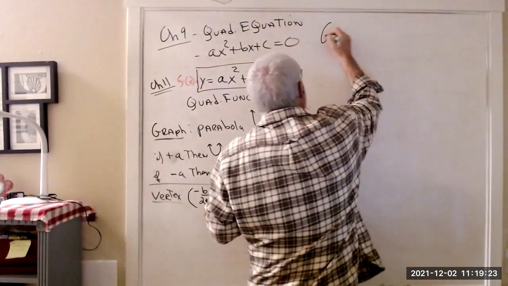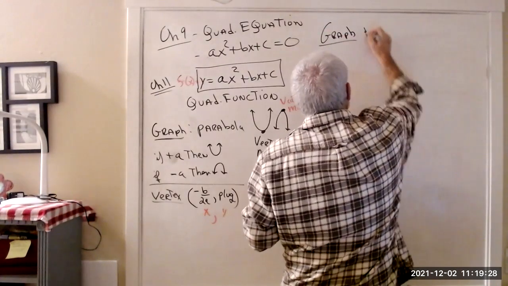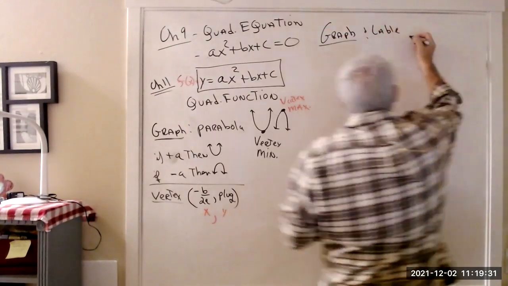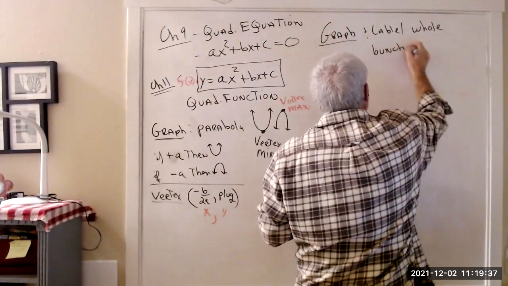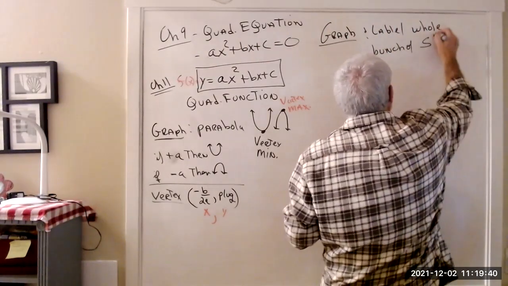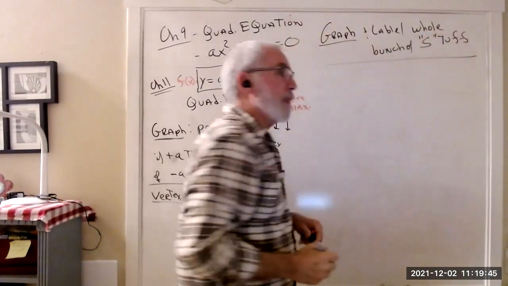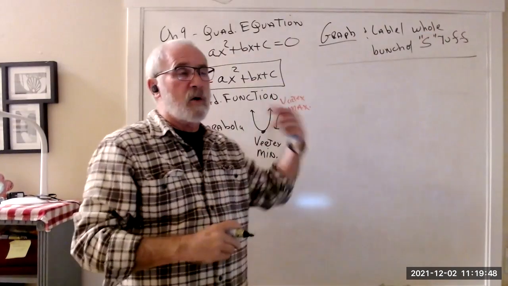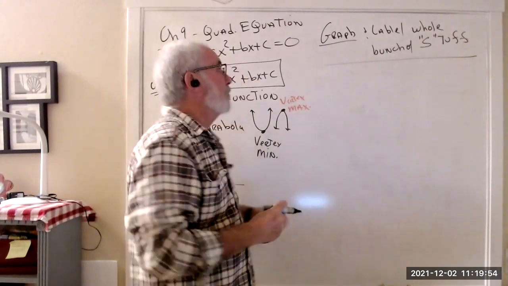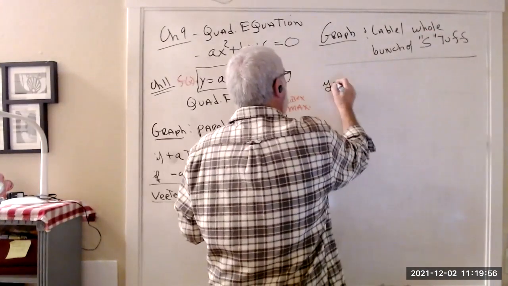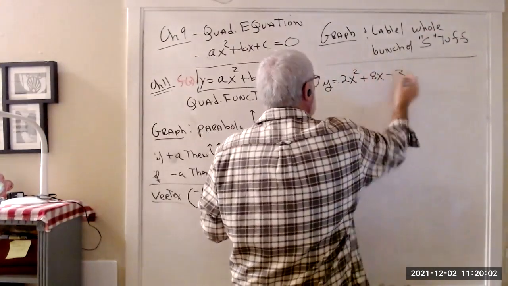I want us to graph and label a whole bunch of stuff. Instead of writing it down now, I'm going to graph the problem and then show you what I want you to label. So let's take an example. y equals 2x squared plus 8x minus 3.